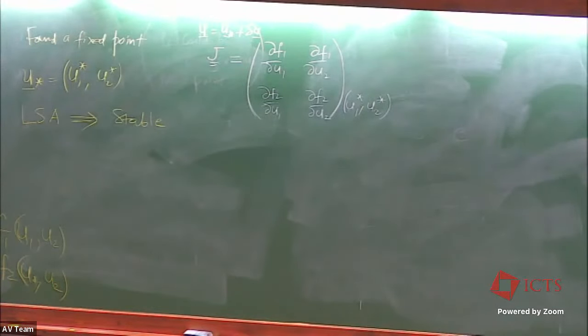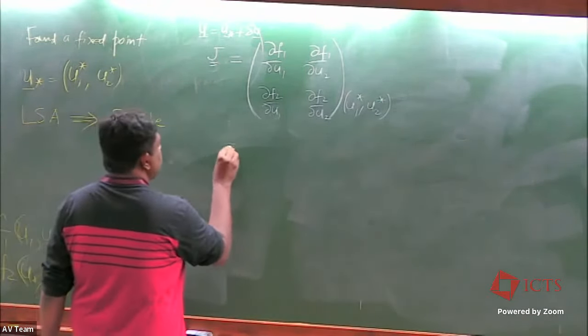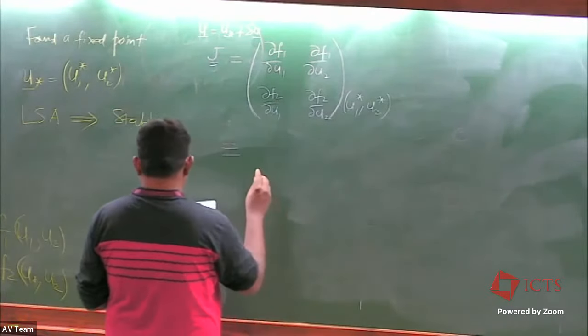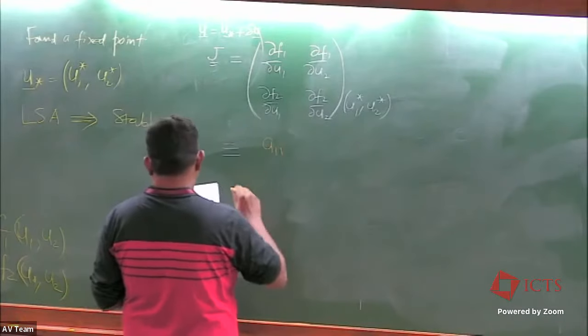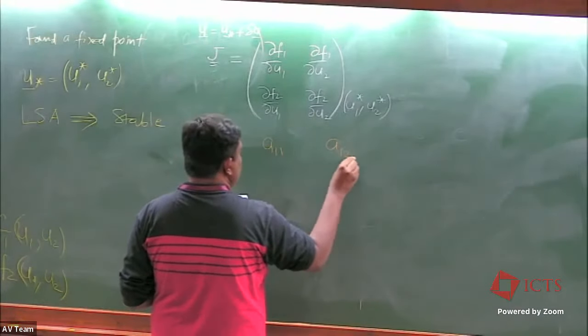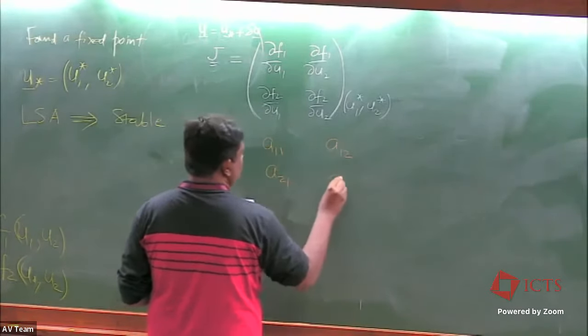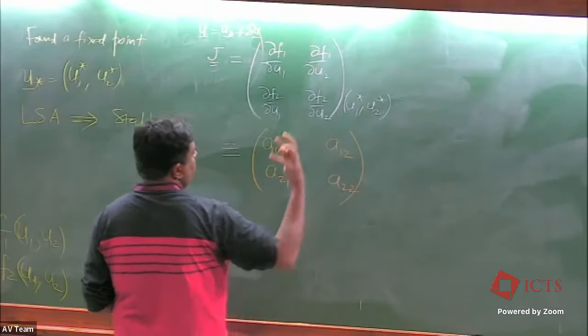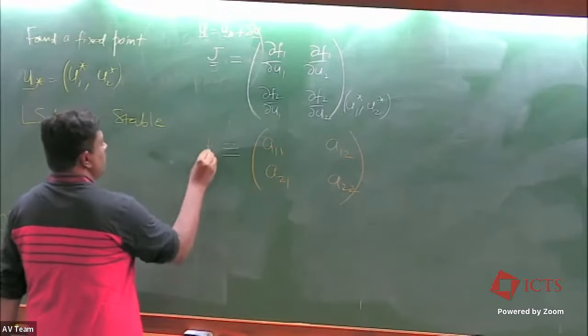So this is a 2x2 system. I'll just rewrite this using a bunch of numbers. Call these A11, A12, A21, A22. Remember, these are derivatives evaluated at the fixed point, so they're basically numbers. So that's my Jacobian matrix.